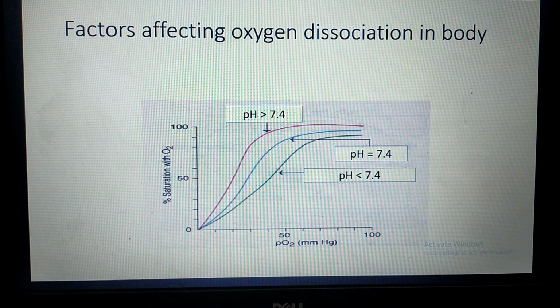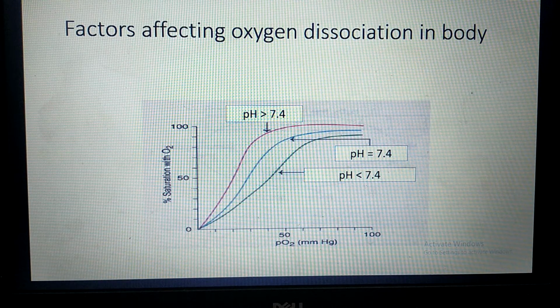So these curves, again, three curves are there. Central curve is at pH 7.4. When pH decreases, that means when H plus ion concentration increases, when pH is less than 7.4, the curve shifts towards the right, so that more oxygen is delivered to the tissues.